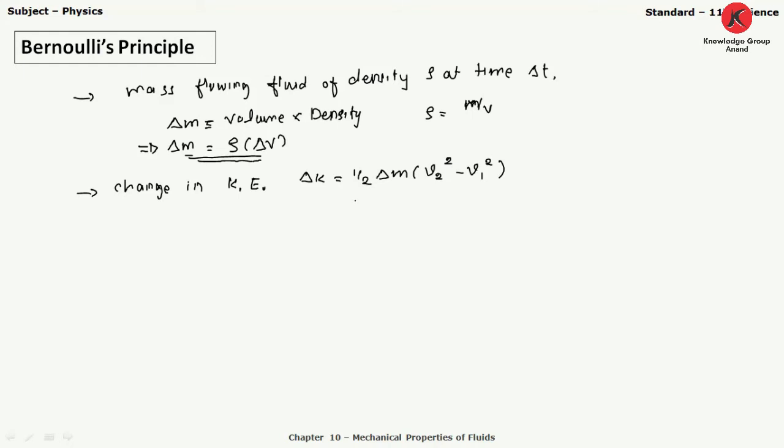This is the equation for delta K. If we put rho into delta V in place of delta m, then the equation becomes half rho into delta V in bracket V2 square minus V1 square. So this is the equation for change in kinetic energy.